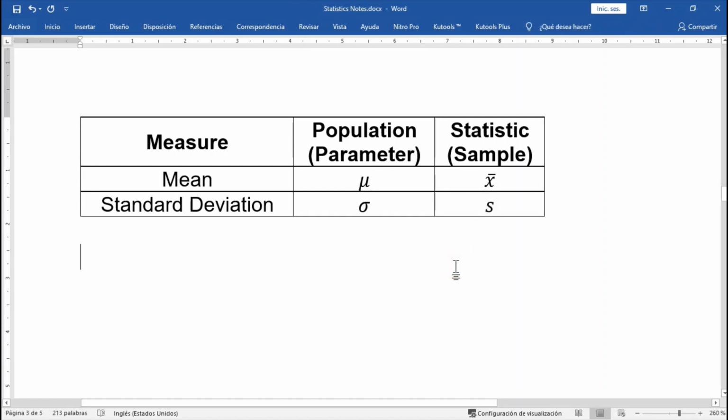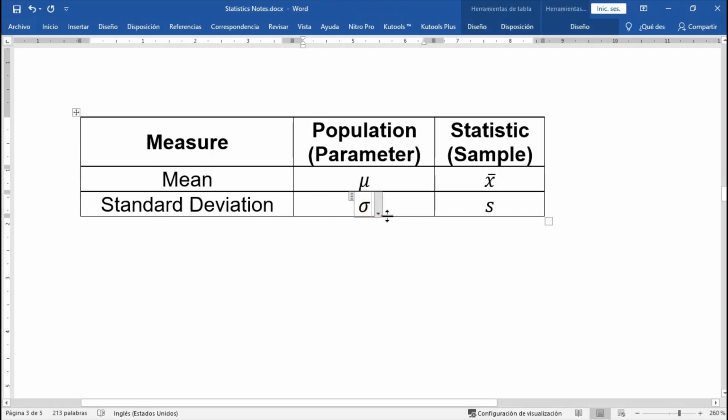These are important symbols. Remember, standard deviation is going to be a reference of how dispersed the values are from the mean. This is going to tell you how far away data is from the mean, the same as here, right?